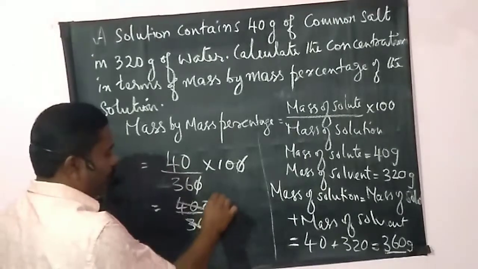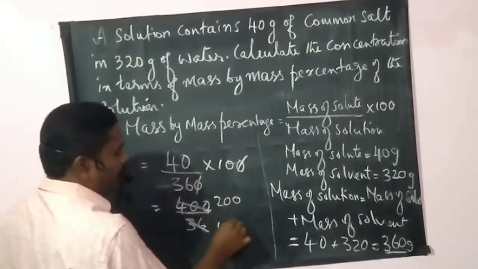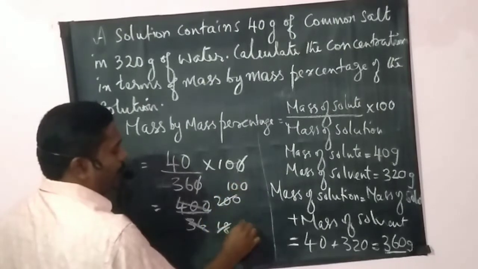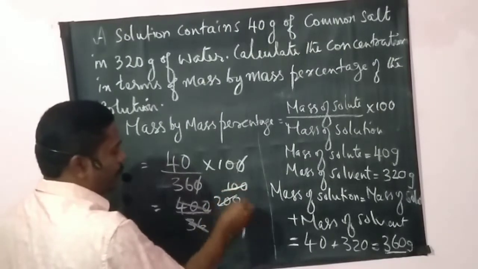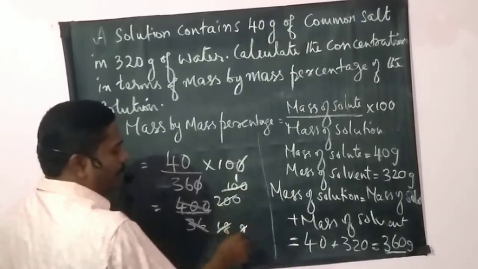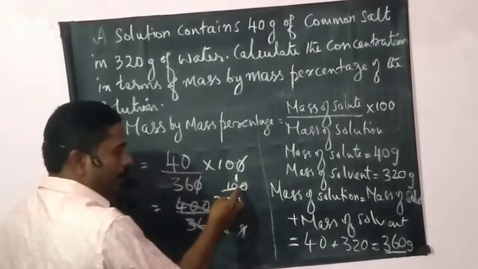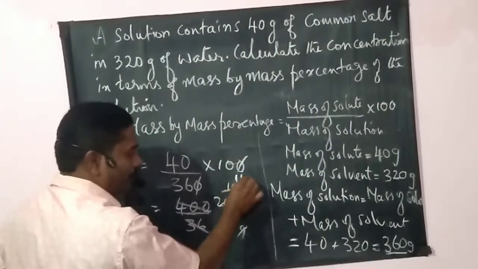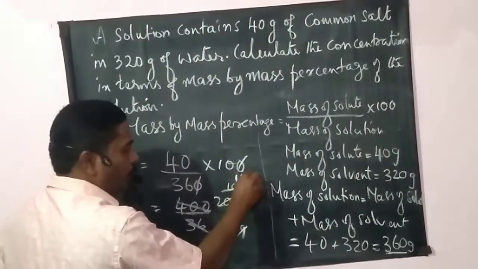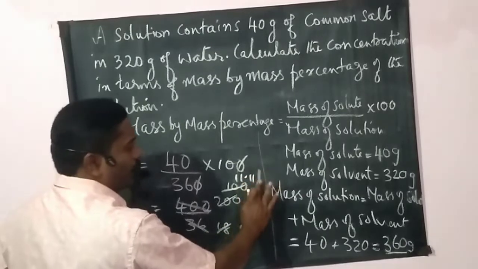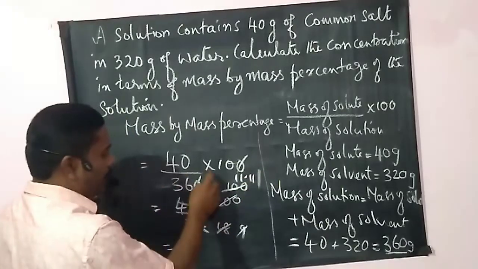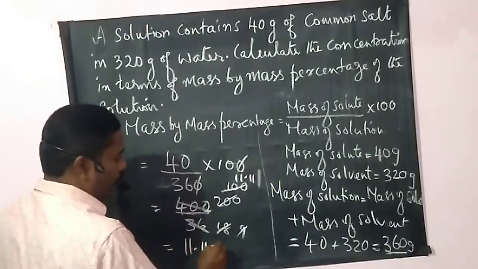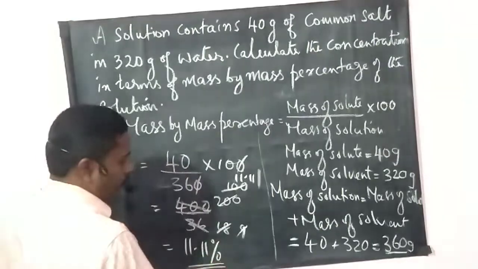By simplifying, 200 by 18, again 100 by 9. 100 by 9 means, as we know, 1 9s are 9, the remainder 1, again 10, so again 1, 11.11, etc. Okay, so the mass percentage is equal to 11.11 percentage.